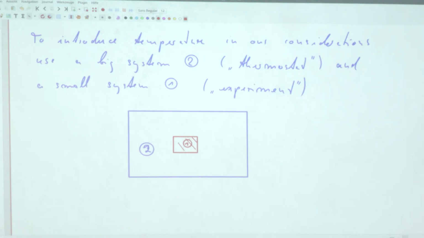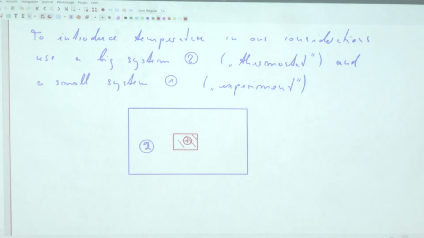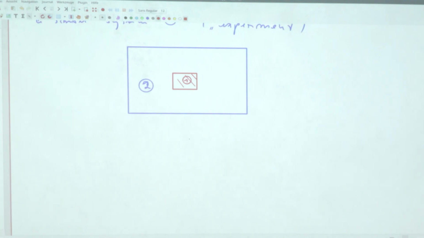I mean, any experimentalist knows how to do that. The system 2 has to be large, so that any heat flux from system 1 into system 2 does not, or only negligibly, change the temperature there, or the internal energy there.